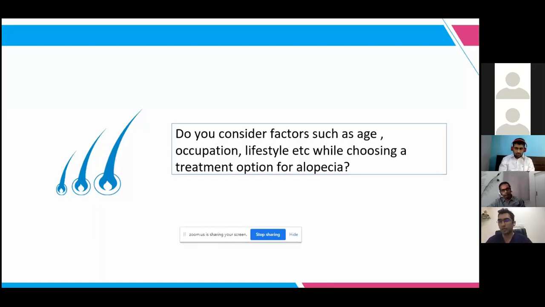Even if we talk about female patients or male patients above 45, they may not respond to finasteride so well. So depending upon the lifestyle, the occupation, and the expectation they are having when it comes to results, I think the treatment modalities and the regimen would be different.